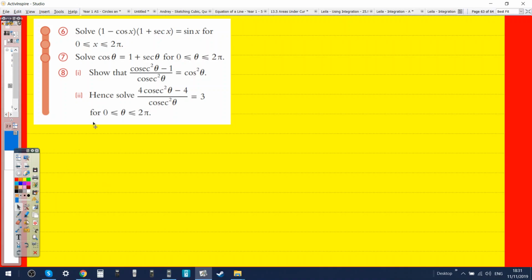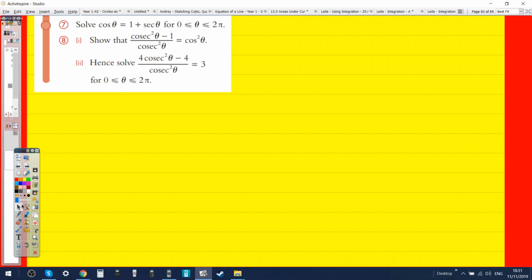Okay. To solve cos theta equals 1 plus 1 over cos theta.